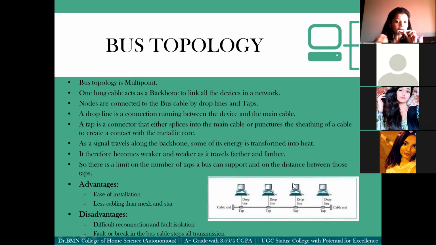Again, the heat and the energy issues will come up. So that's the reason in bus topology reconnection becomes difficult, because when the bus network is laid for the first time, the network administrator keeps its optimum utilization in mind and then lays it out.